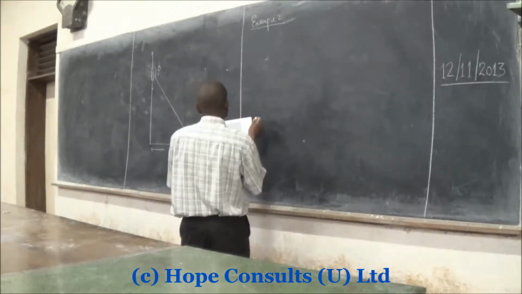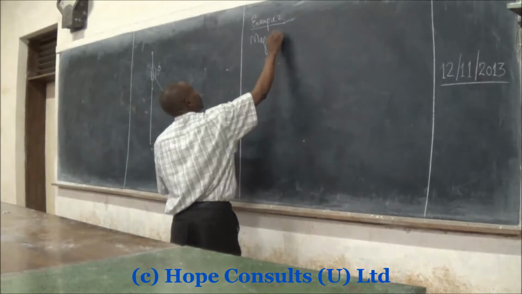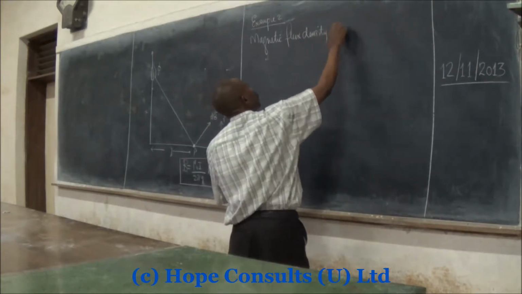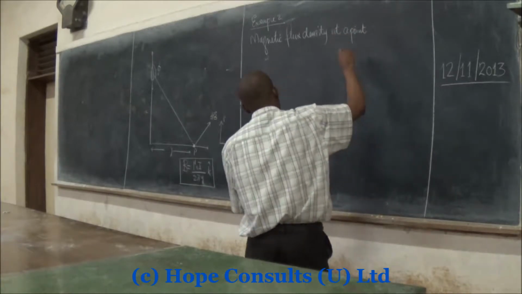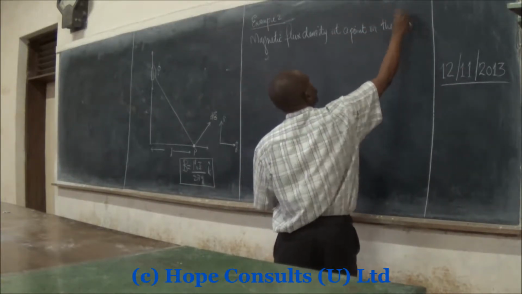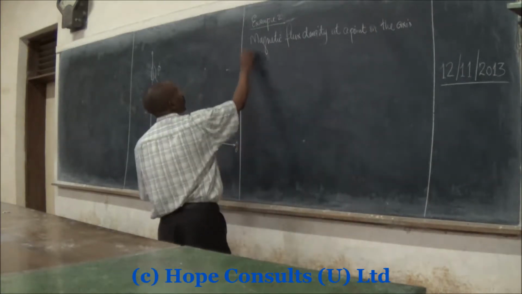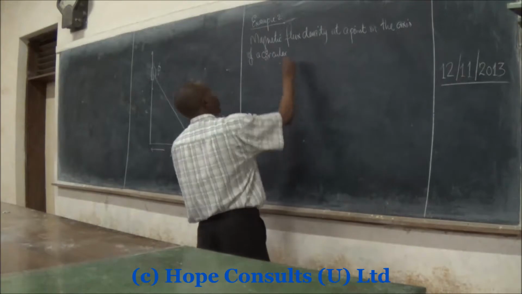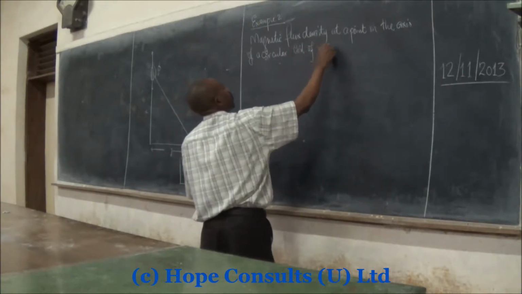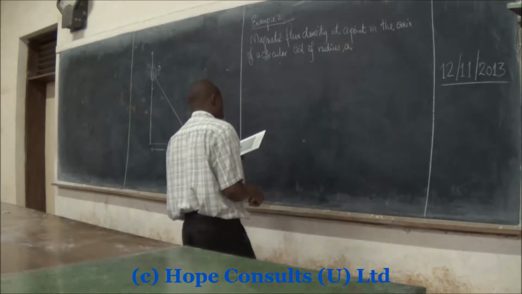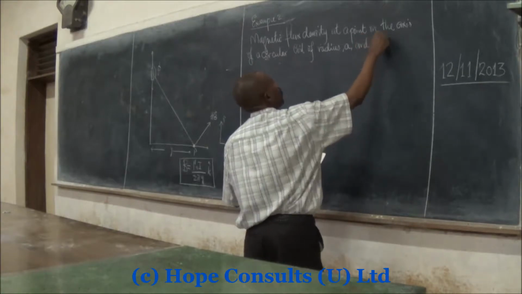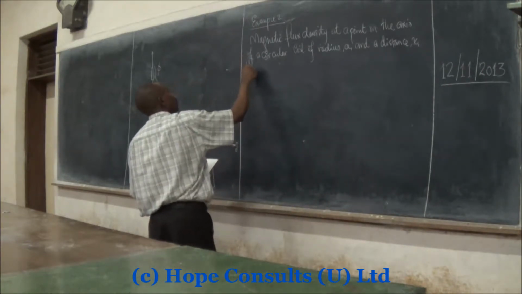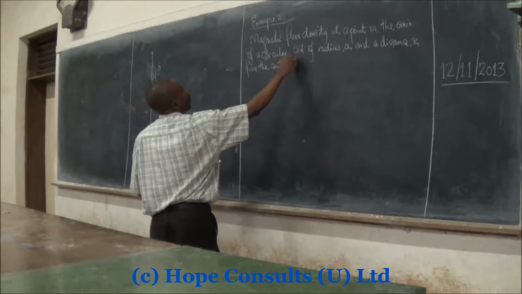So this is magnetic flux density at a point on the axis of a circular coil of radius A and the distance x from the coil, from the center of the coil.